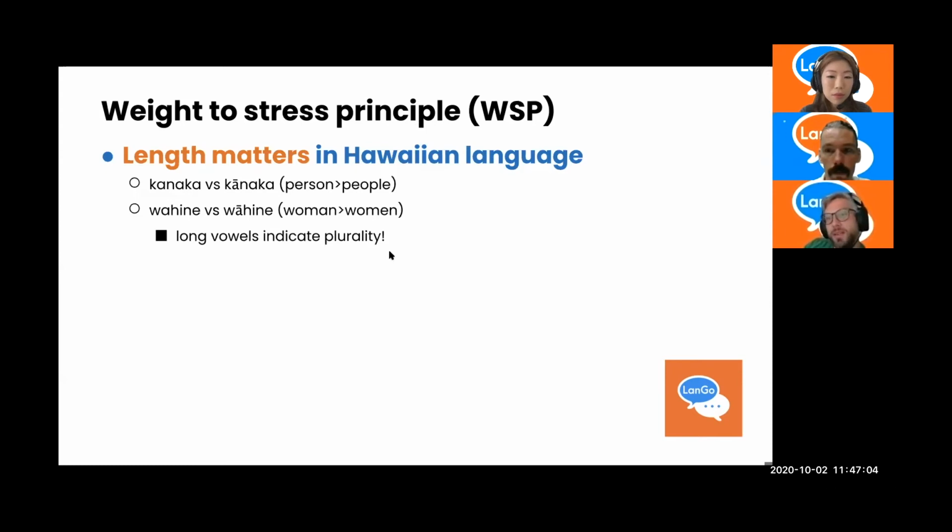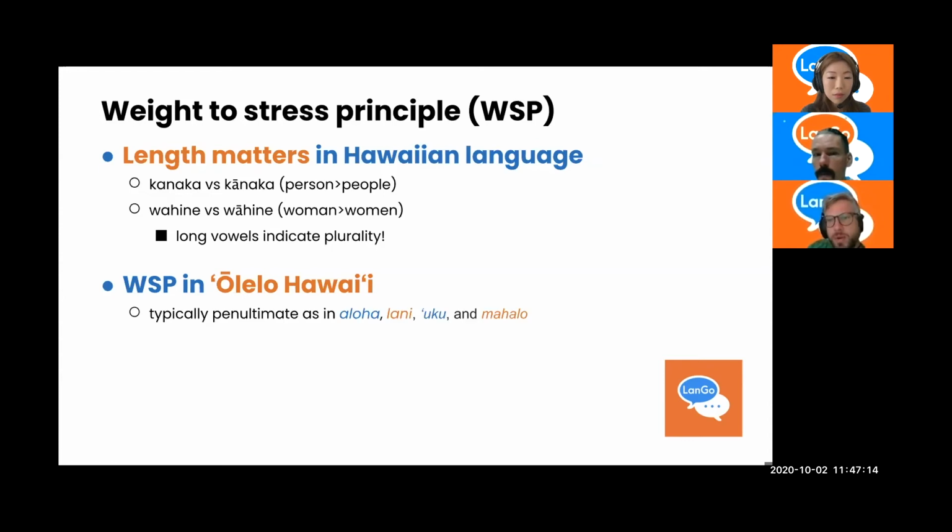So is there any way that this interacts with stress? Well, sometimes it does. Typically it's penultimate, as in aloha, which means love, but it can be a greeting like hello or goodbye. Lani, which means sky, cognate with Indonesian langit. ʻUkū, which begins with a glottal stop, means lice. ʻUkū is an Austronesian word for lice, which was borrowed into English twice: once in the word cooties from Indonesian kutu, and once in the word ukulele from Hawaiian, which means jumping flea.